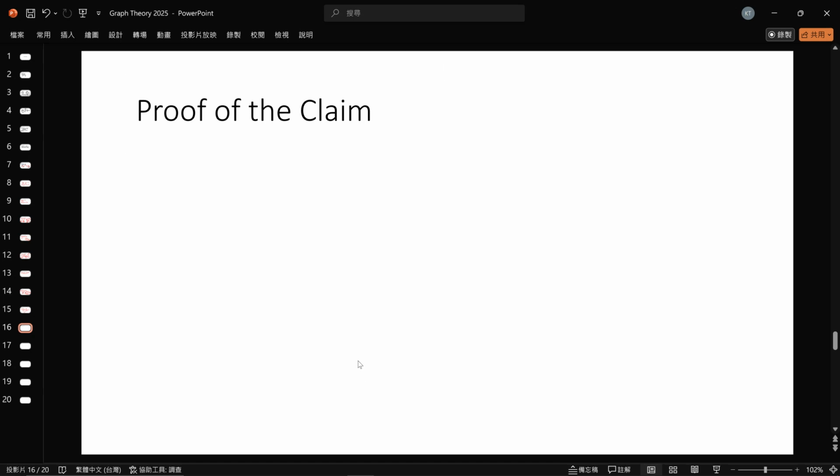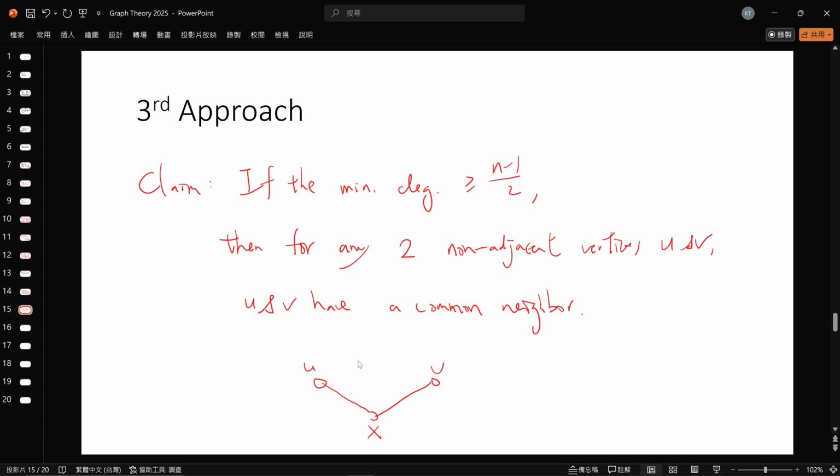Okay, so let's try to prove the claim. Now you have two vertices, and they are not adjacent. Somehow you need to prove that they have a common neighbor. So, any idea? Because there are n vertices, and you remove u and v, so you have n minus 2 vertices. You divide by 2, so there are (n minus 2) divided by 2.